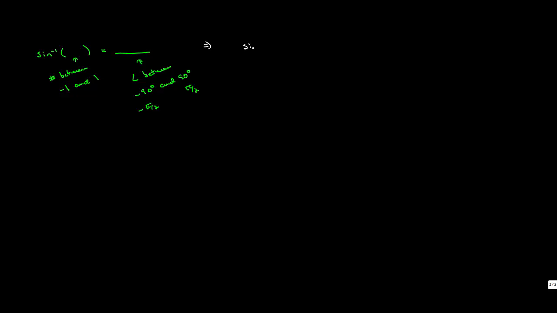Let's say we said, what is the arcsine, or the inverse sine? Sometimes this is called arcsine. It means the same thing, so we can say arcsine. In fact, let me write it down like that for you. If we said, what's the arcsine, or the inverse sine, at pi over 6, both of these things mean the same exact thing.